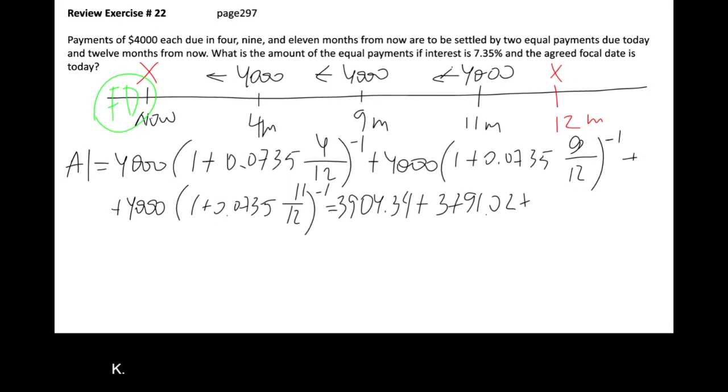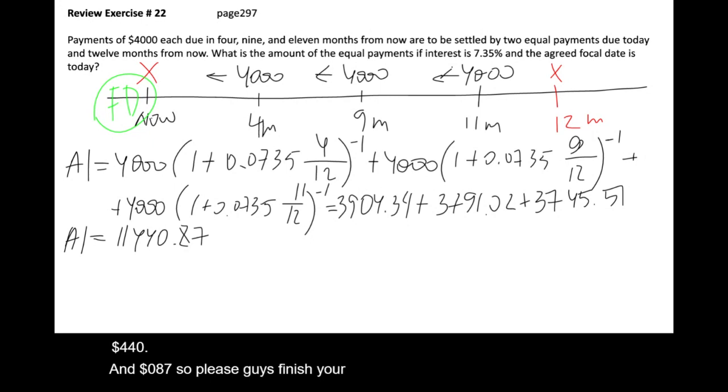Agreement 1 is what? $11,440.87. So please, guys, finish your calculations and confirm my number.